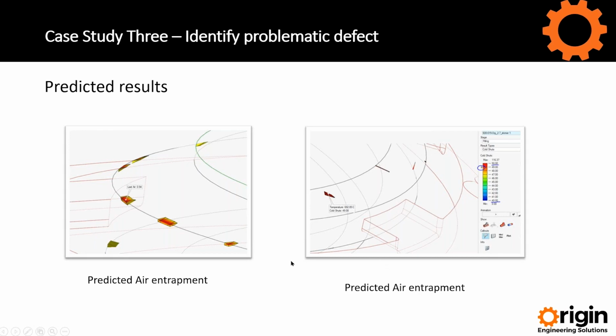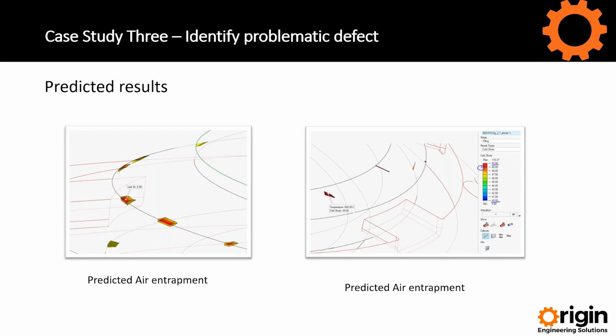Right, what we found on the predicted results is that we were getting air trapped in that location. Like I say, I didn't have all the photos I could show you, but we were predicting trapped air on the left-hand side and on the right side, similar to the photograph I showed you originally. We had to redesign the part to overcome that, go back and cut into the die, and put larger fillets in the junction to allow that gas to escape.